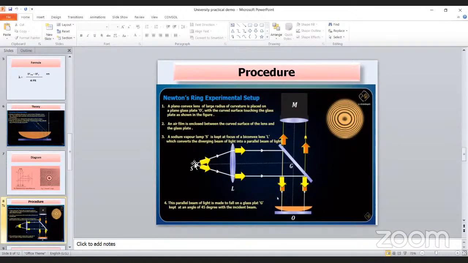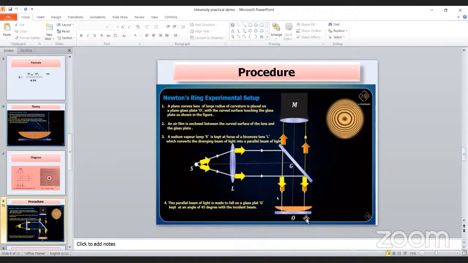Now consider a monochromatic source of light, and this monochromatic light falls on convex lens L. From the convex lens, the light rays become parallel and fall on plate G. They are inclined at 45 degrees. So from the glass plate G, the light ray will bend by 90 degrees and fall normally on the plano-convex lens, which is kept on glass plate G1.